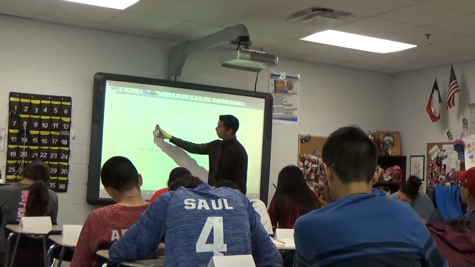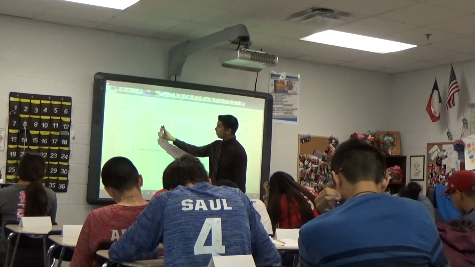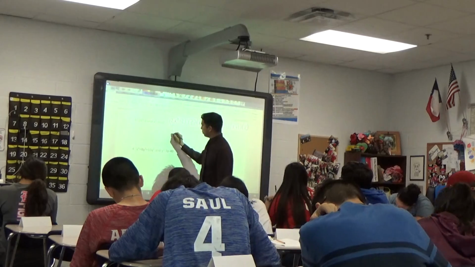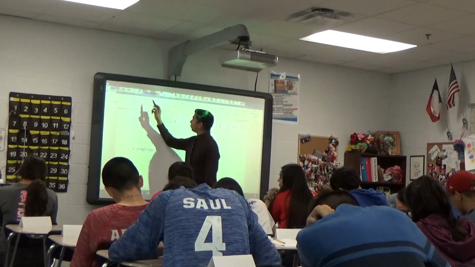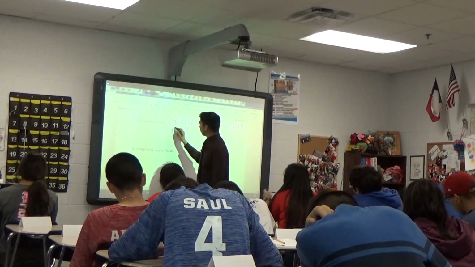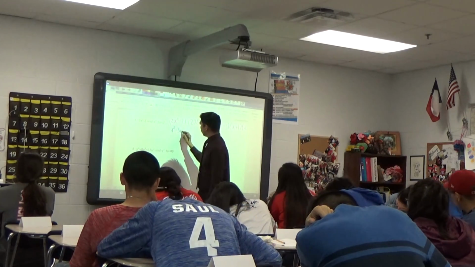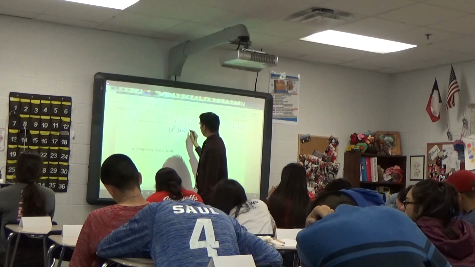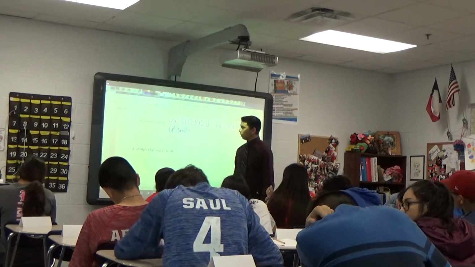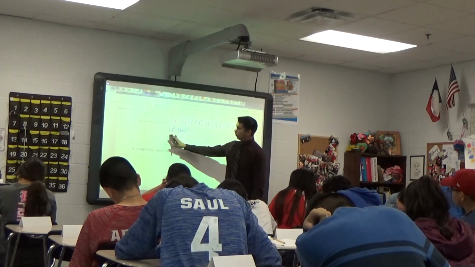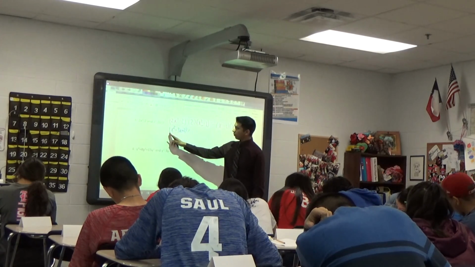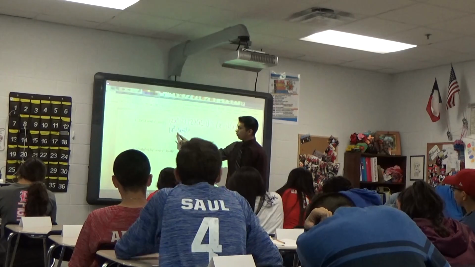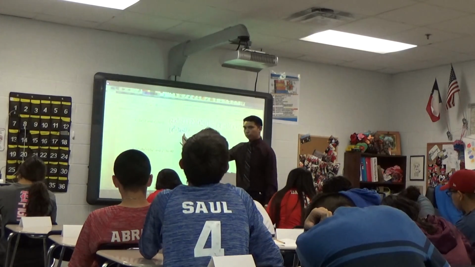Now x squared minus 3x plus 2. The coefficient of x squared is 1, the coefficient here is 3, and here is 2.